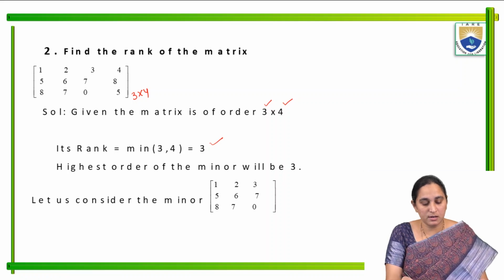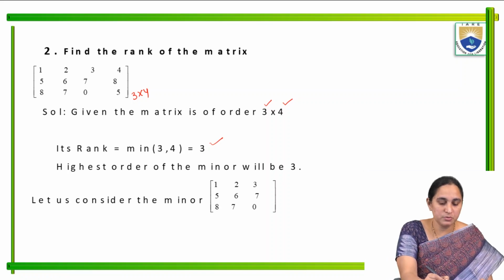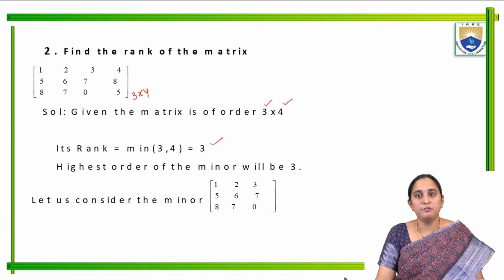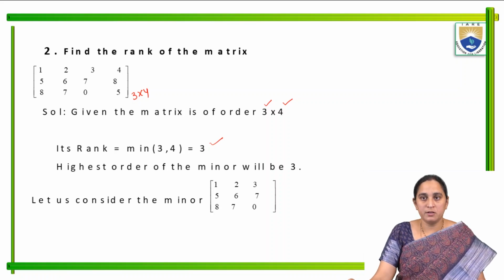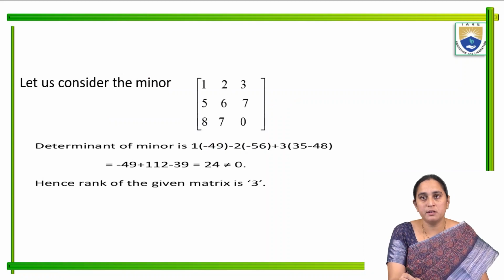Let us consider the minor of the given matrix, that is 1, 2, 3, 5, 6, 7 and 8, 7, 0. Now I have to test the determinant for the minor of order 3.